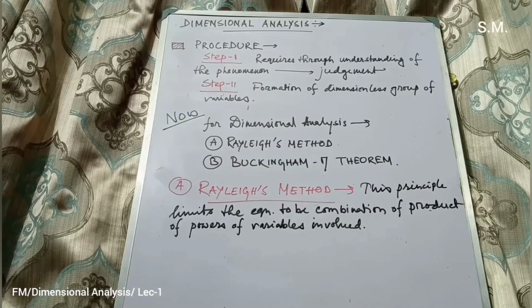Procedure, step 1 in dimensional analysis is to decide which variables enter the problem. Naming these variables which affect the problem requires thorough understanding of the phenomena, and is a matter of judgment and experience.